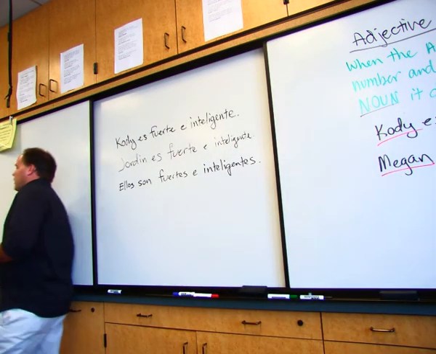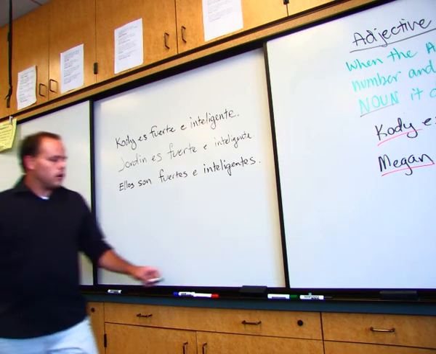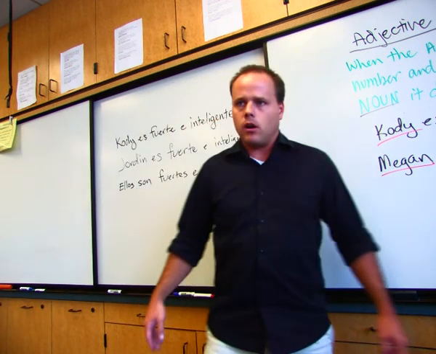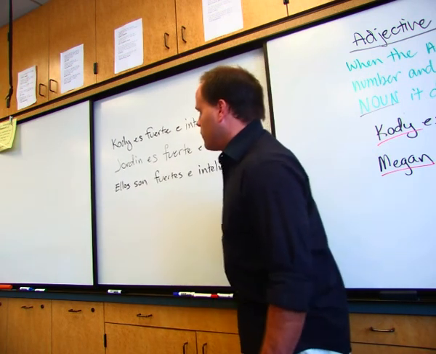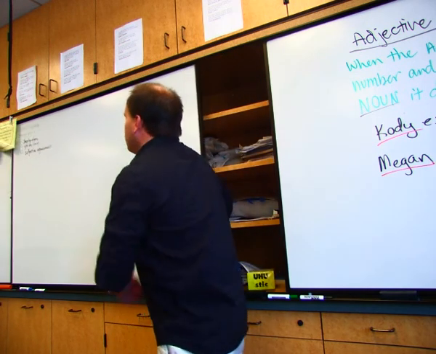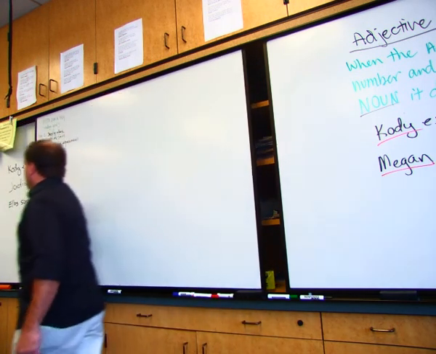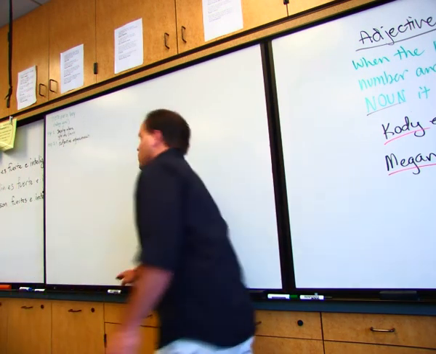So there's one point. Another one is when you have certain words that end in DOR. What's one of the adjectives that ends in DOR? Kind of starts with trabajador. Yeah. It's a DOR. What does that mean? Hardworking.